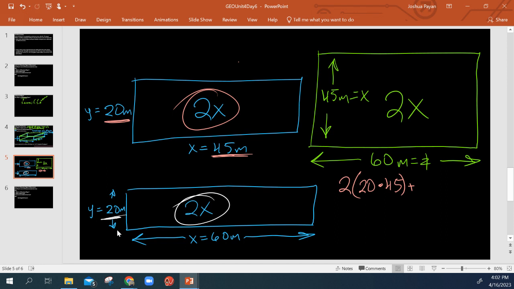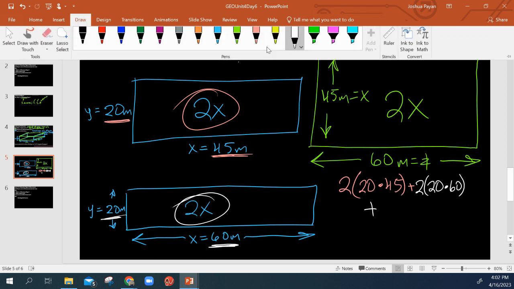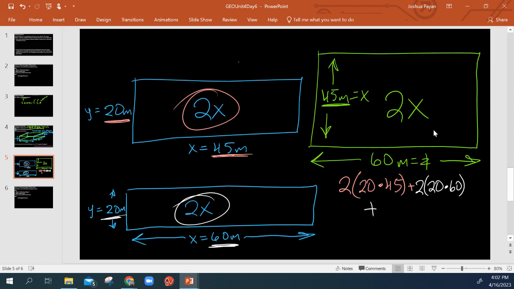And our right and left walls are 20 by 60. So two of 20 by 60 plus, ran out of room here, our floor and ceiling. So two of 45 by 60, right? And we just add that up.